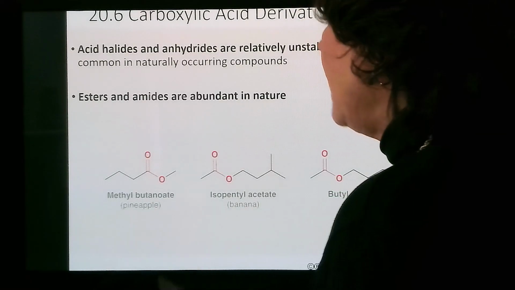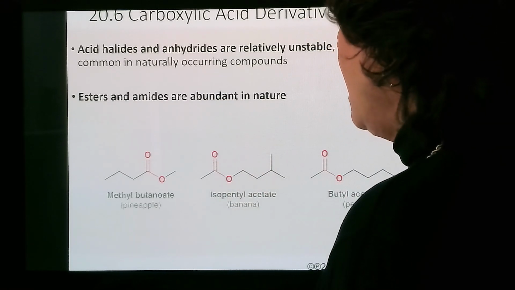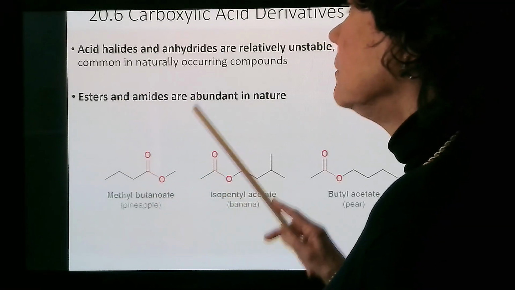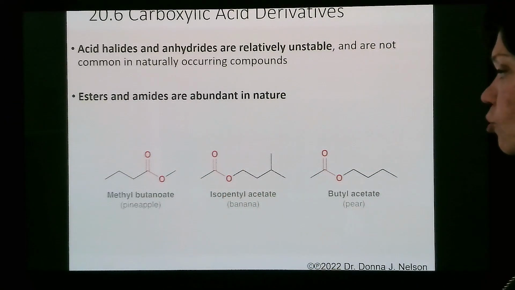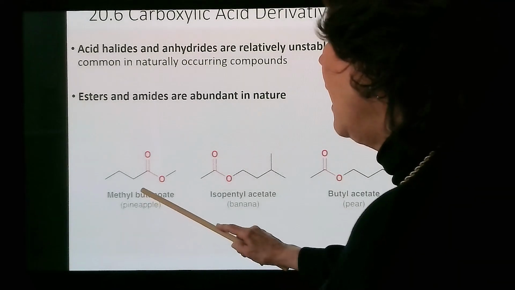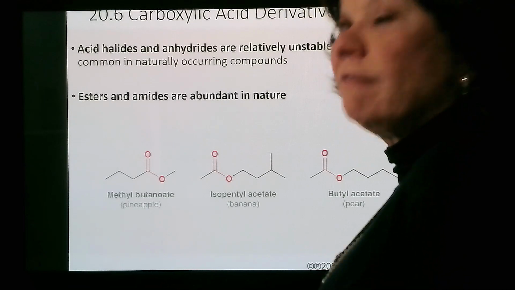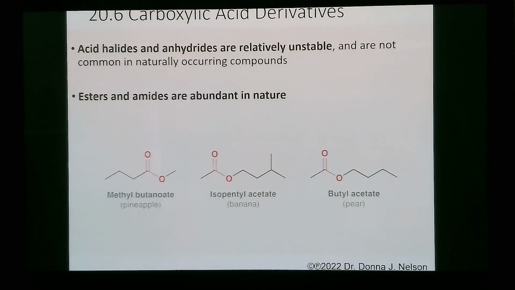So esters and amides are abundant in nature. Acid halides and anhydrides are not common among naturally occurring compounds, in contrast. And so the esters frequently are very fragrant, and they have appealing odors.